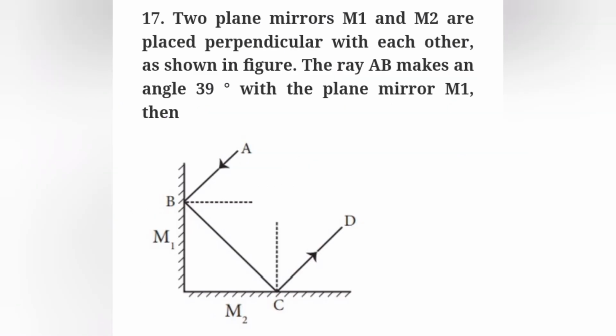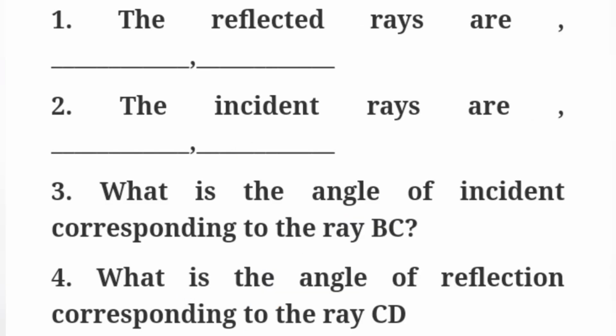17th question, two plane mirrors M1 and M2 are placed perpendicular to each other as shown in the figure. The ray AB makes an angle of 39 degrees with the plane mirror M1. Then draw this diagram. First one, the reflected rays are dash and dash.